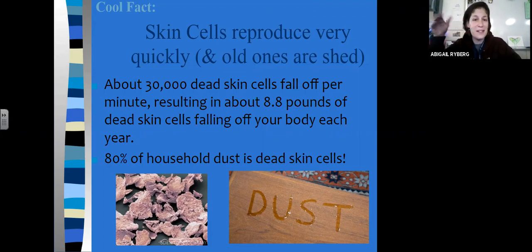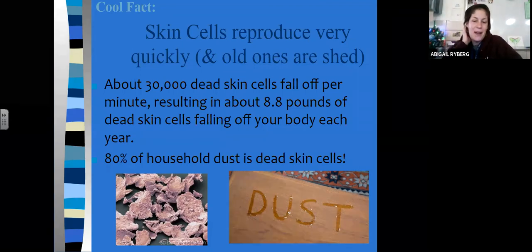So we are just constantly shedding skin cells and creating new skin cells. About 30,000 dead skin cells fall off per minute, resulting in about 8.8 pounds of dead skin cells falling off your body each year. Over 8 pounds of just skin cells falling off your body each year.